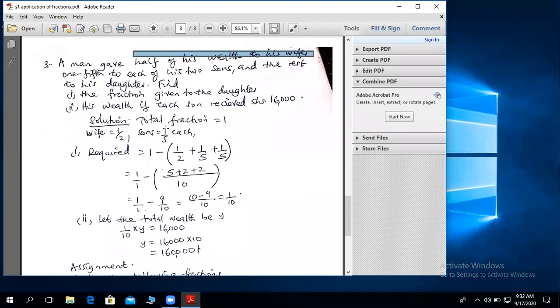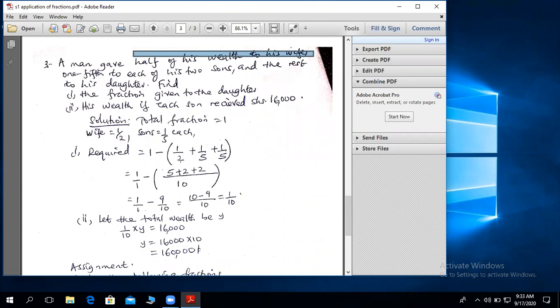If each one of them takes 1 out of 5, and they are 2, let's add the fraction of the wife and the fraction of the 2 sons. We get a half plus 1 out of 5 plus 1 out of 5.